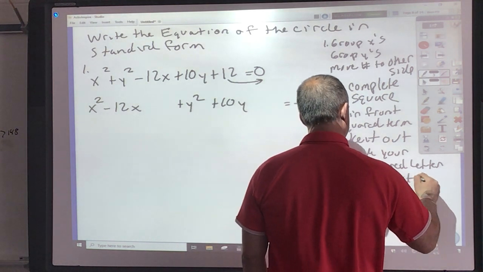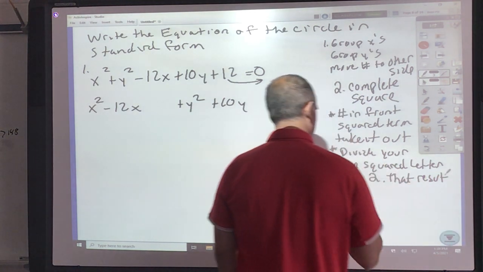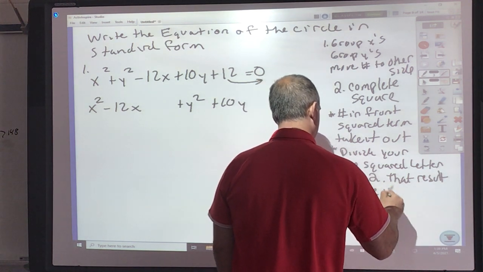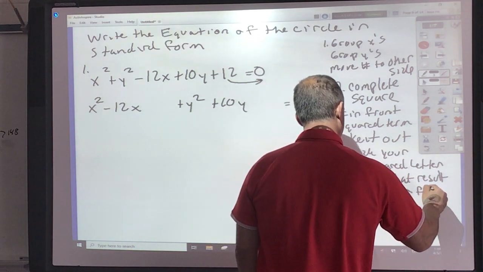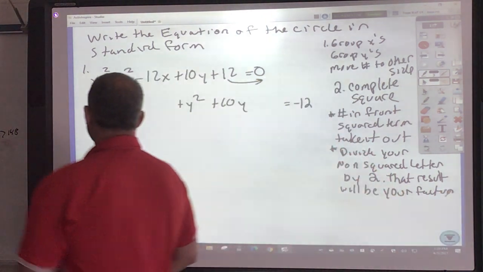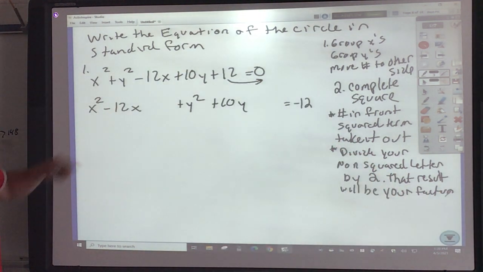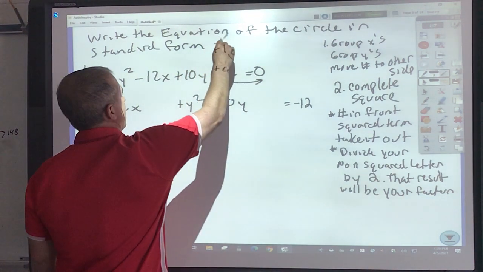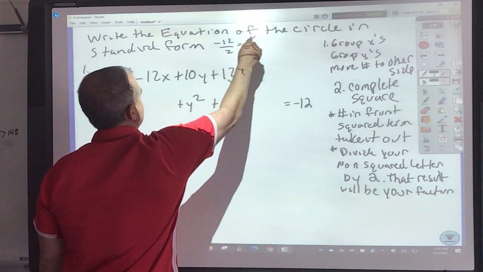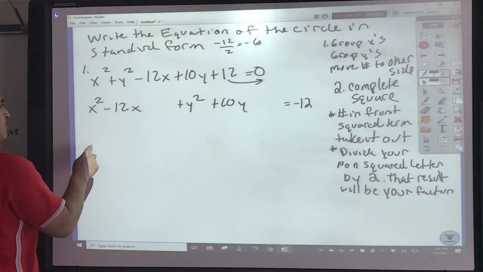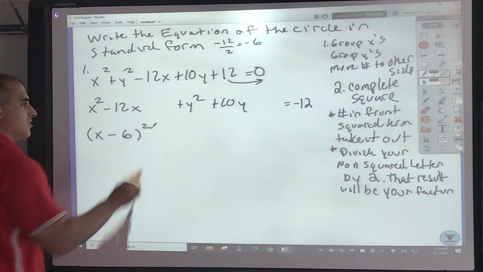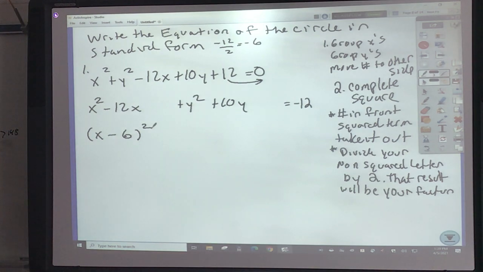That result will be your factor. Here's what I mean. I'm going to take negative 12 and divide negative 12 by 2. That is negative 6. So this will become x minus 6 squared. And I'll explain why in a second.